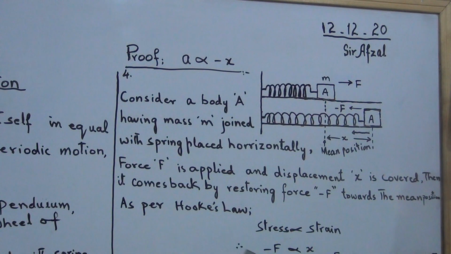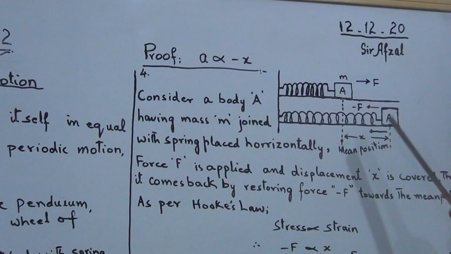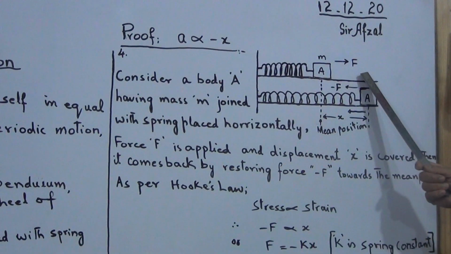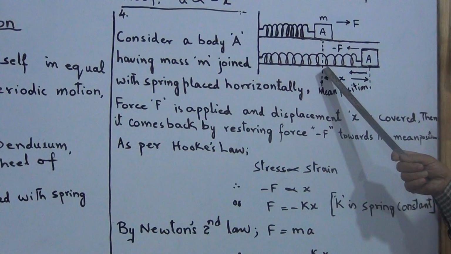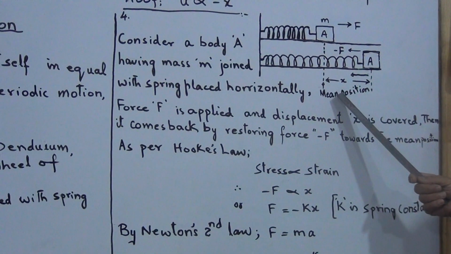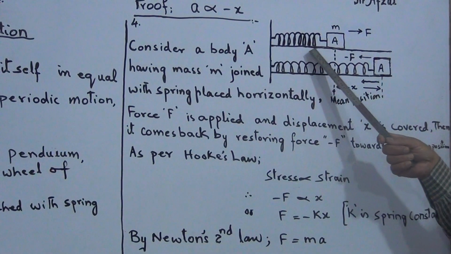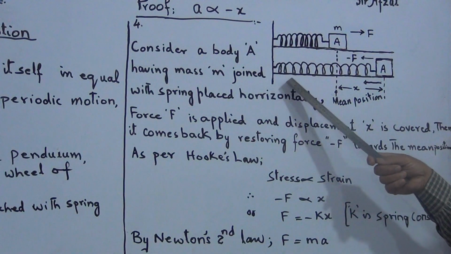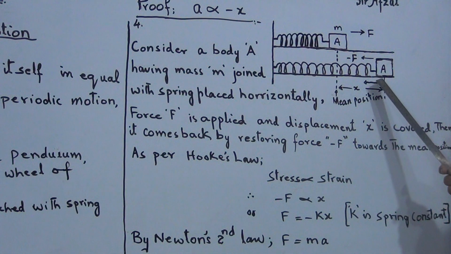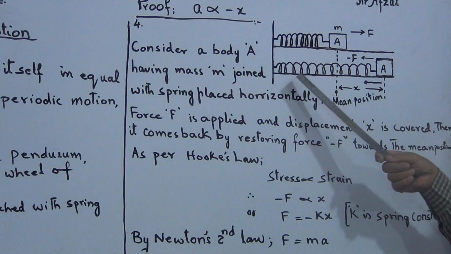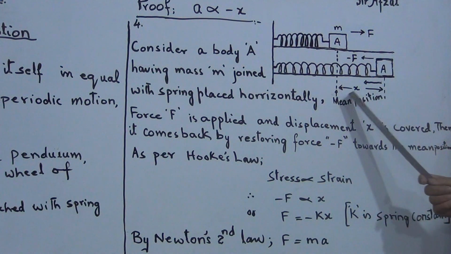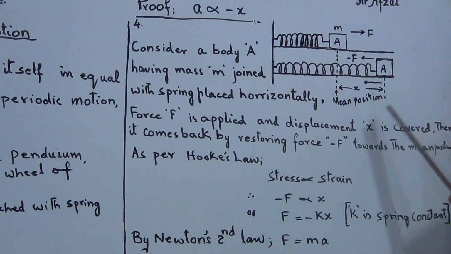As per Hooke's law, stress is directly proportional to strain. You can consider that F is stress and x is extension in the spring. So the length of the spring in the original position was this, and now its length is extended by x, and x is also displacement.